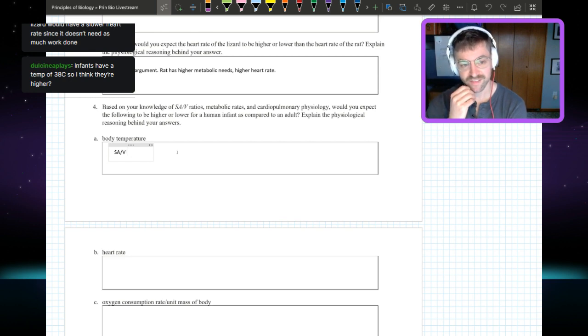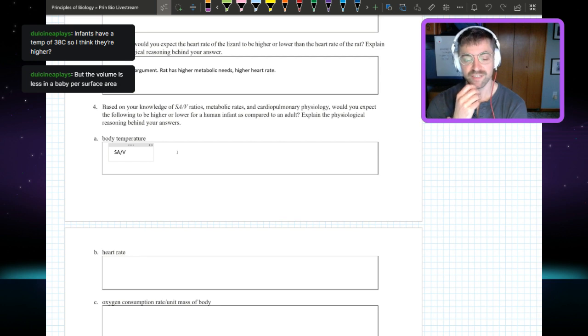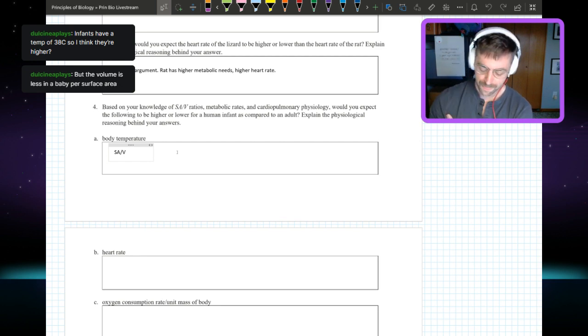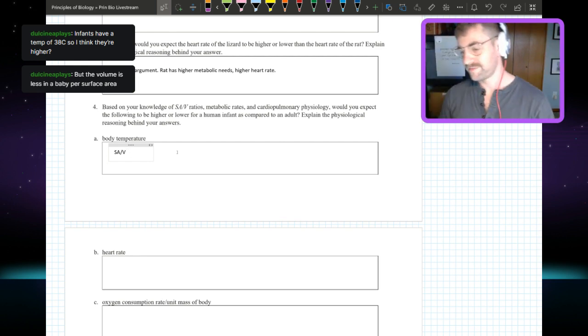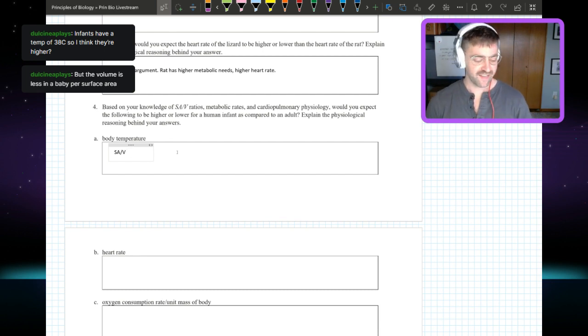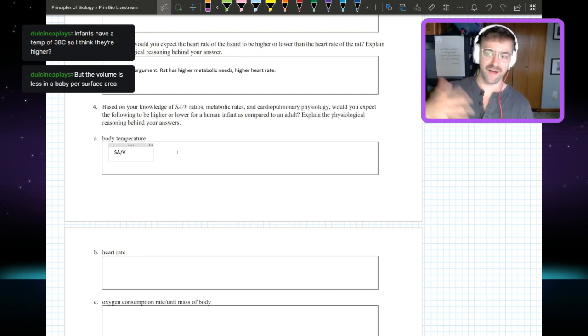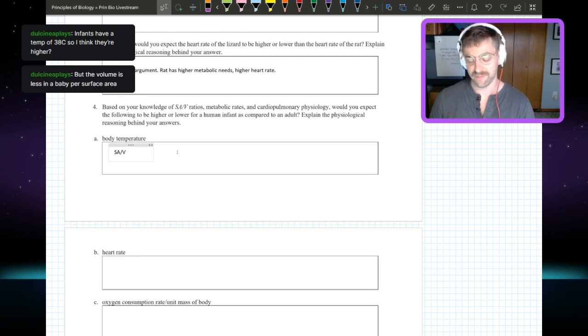Interesting. So if we just looked at surface area, I have a lot more surface area than an infant. And if we're just looking at that, then I have a lot more area to be losing heat from. But I also have more heat, more energy to begin with because of my volume. And that ratio is the key component here.